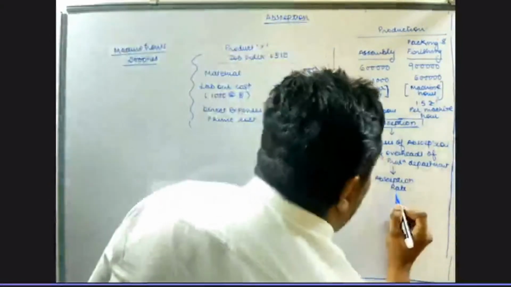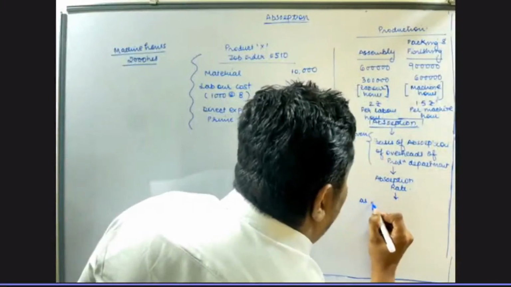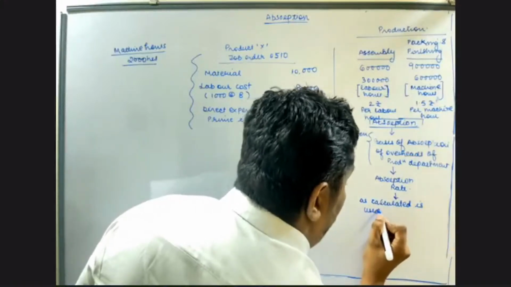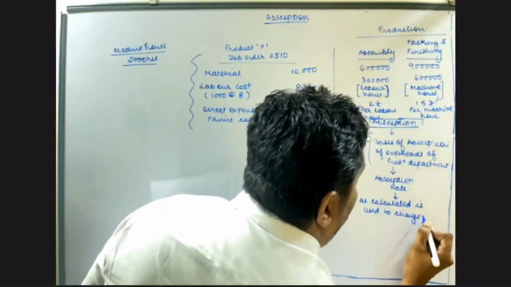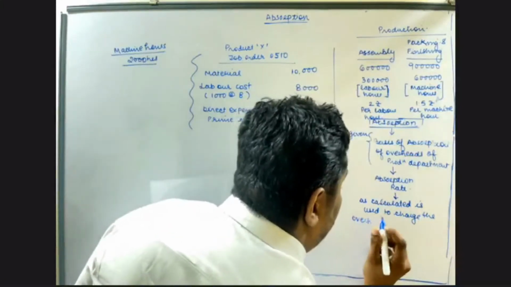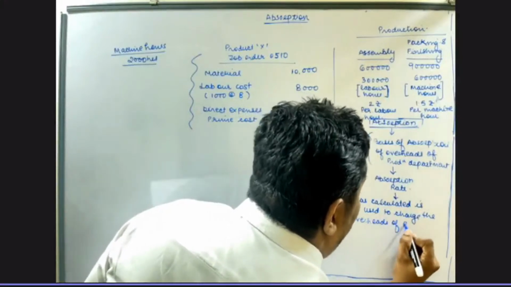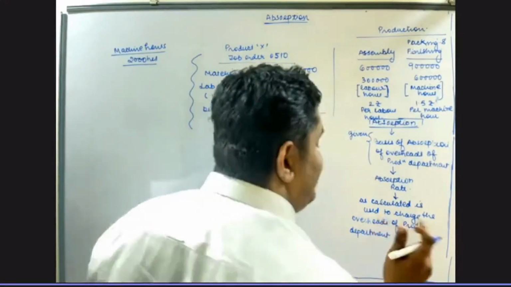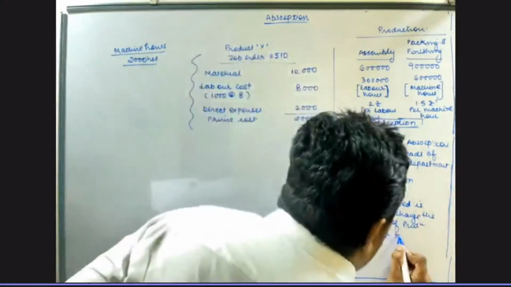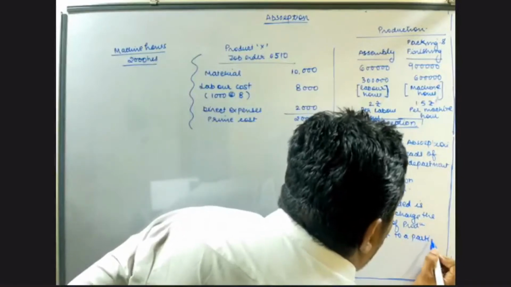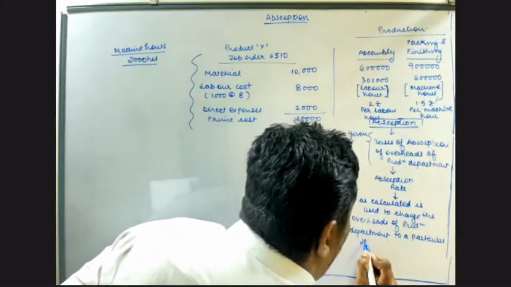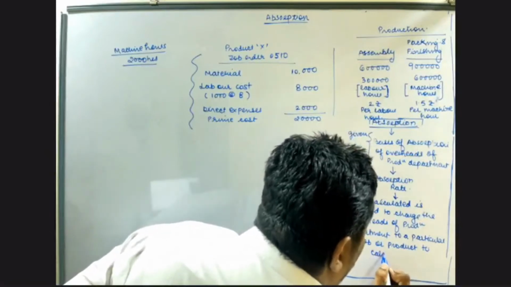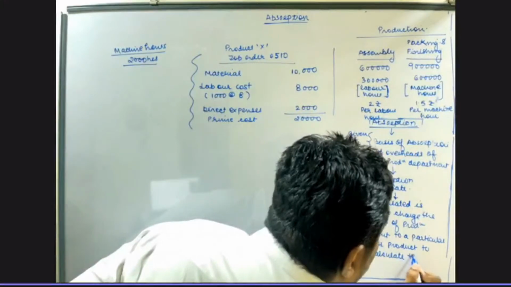So after calculating the absorption rate, the absorption rate as calculated is used to charge the overheads of production department to a particular job or product to calculate the total cost.